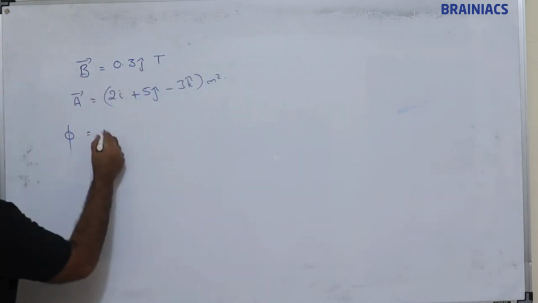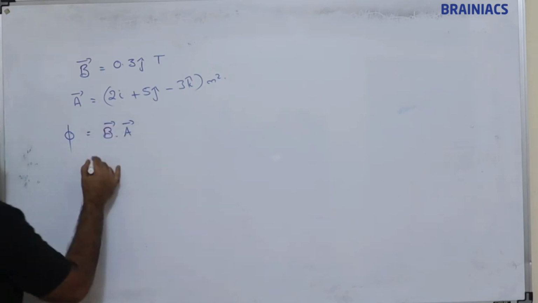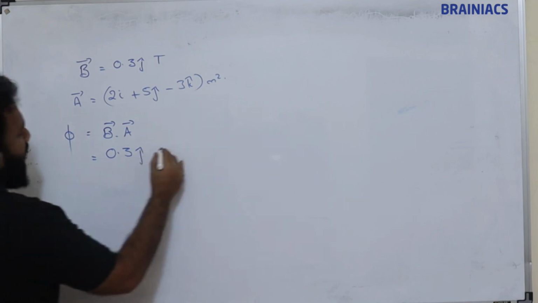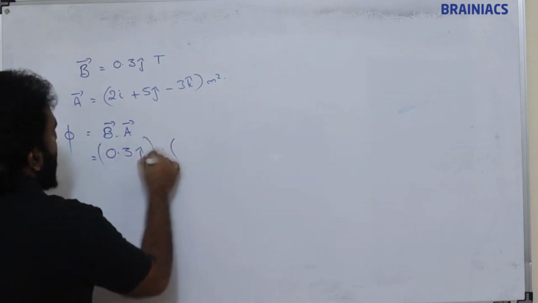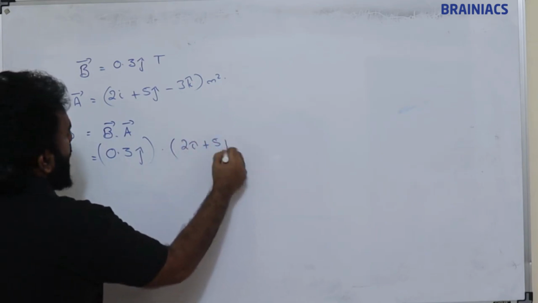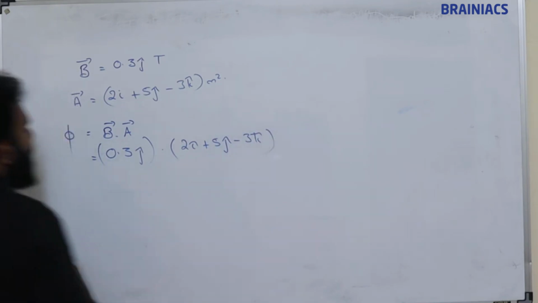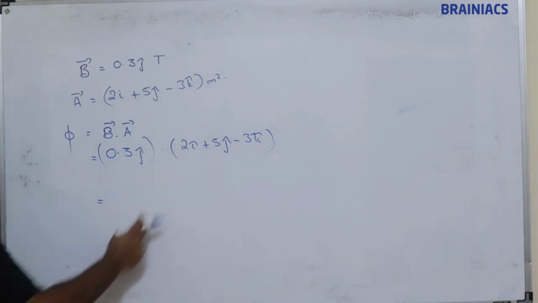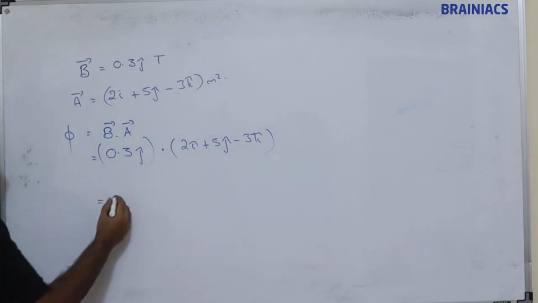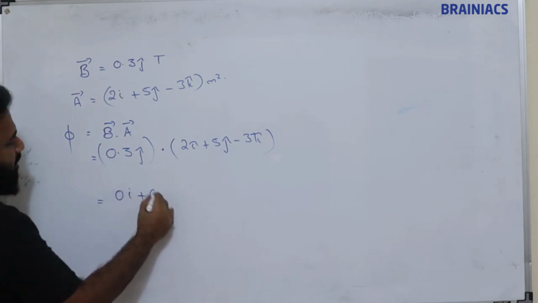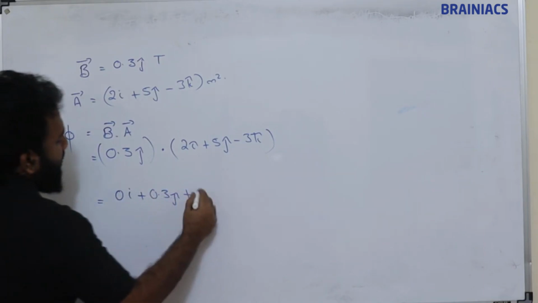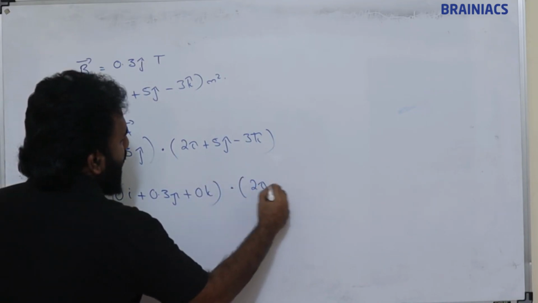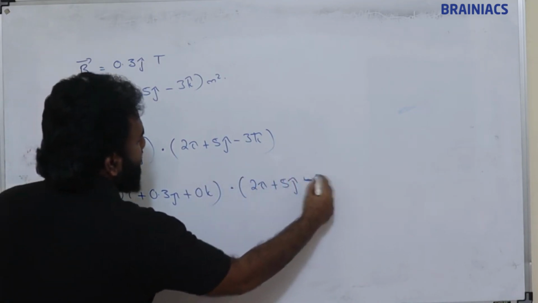So it is a very simple question. Phi is equal to B dot A. We are very comfortable in vector multiplication, right? So 0.3 J dot the area vector 2I plus 5J minus 3K. The magnetic field is like 0I plus 0.3J plus 0K, dot 2I plus 5J minus 3K.